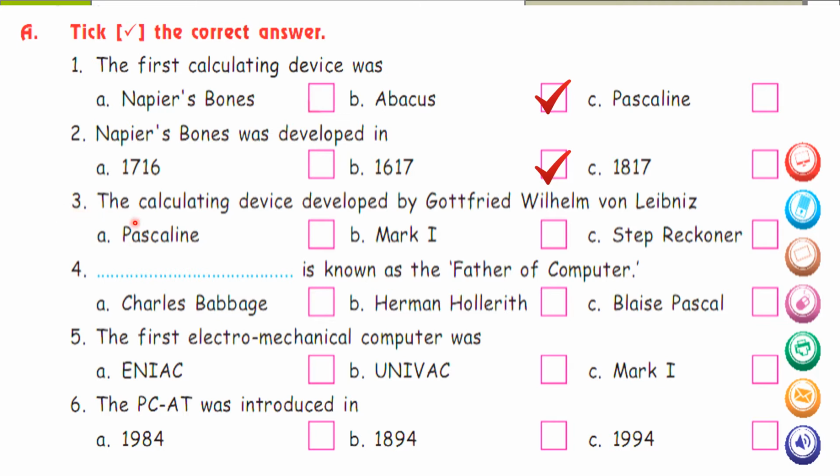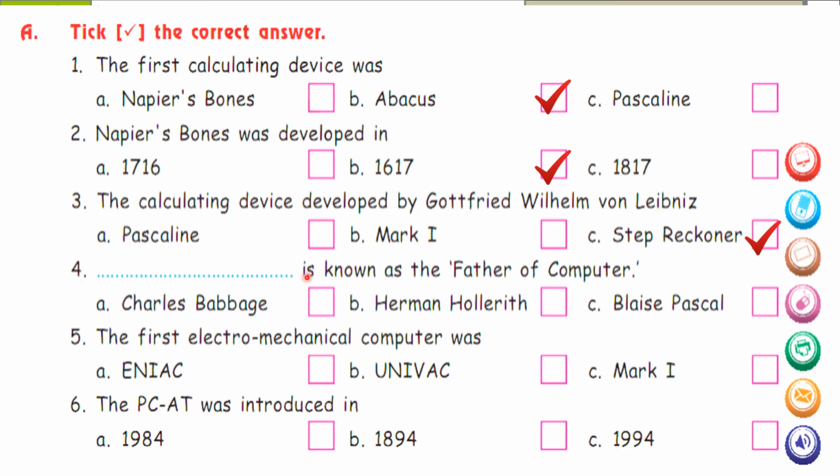Number 3. The calculating device developed by Gottfried Wilhelm von Leibniz was, yes, it is step reckoner, and this device was also known as Leibniz calculator.